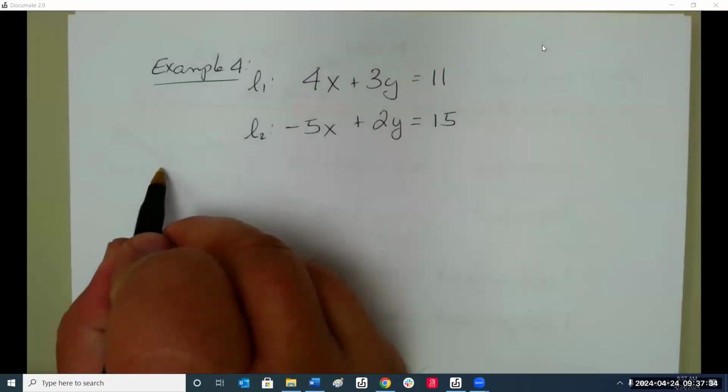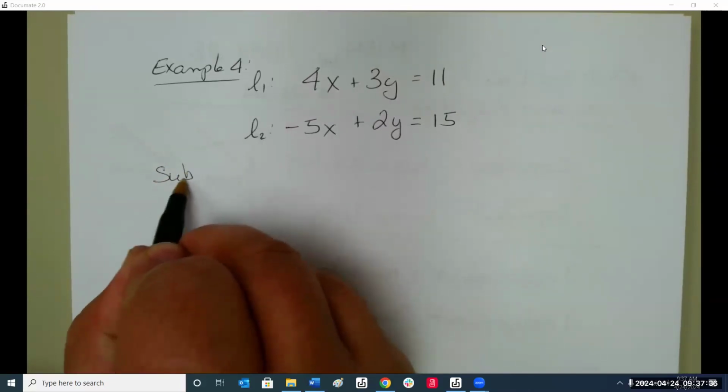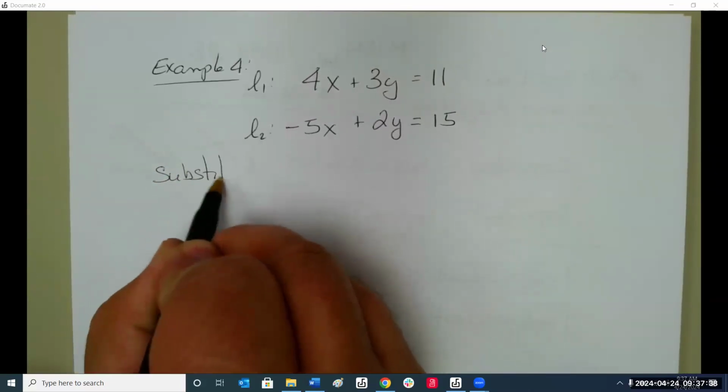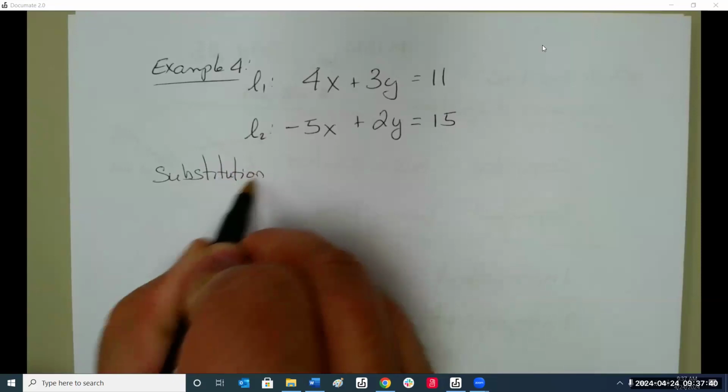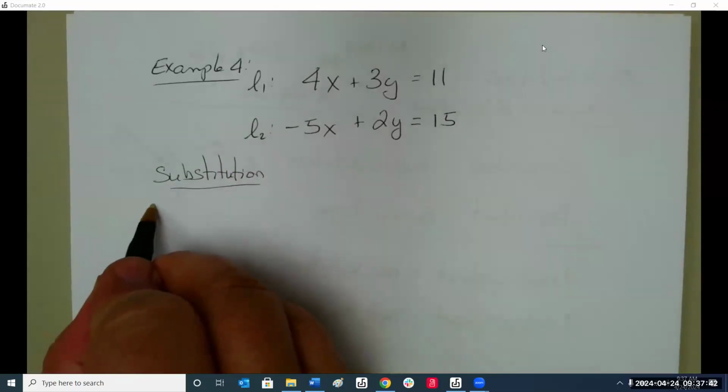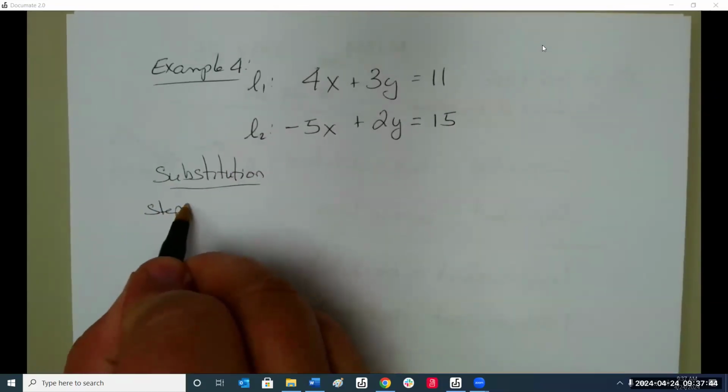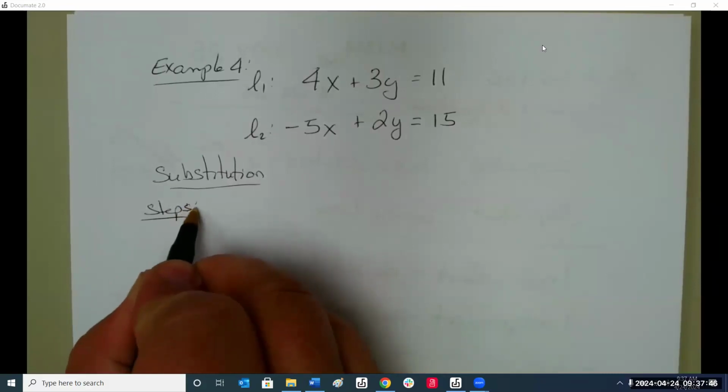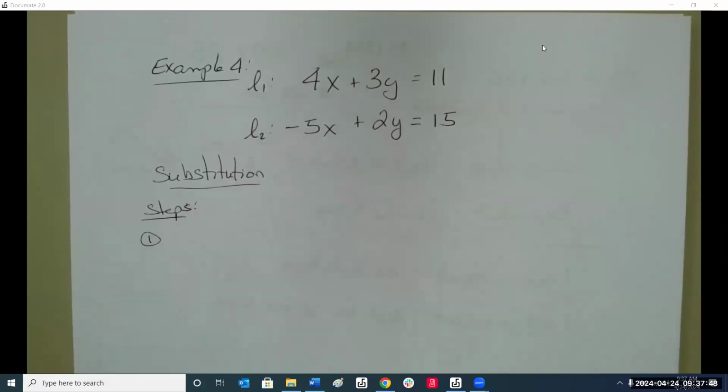So let's look at substitution. So the first step in substitution is what?